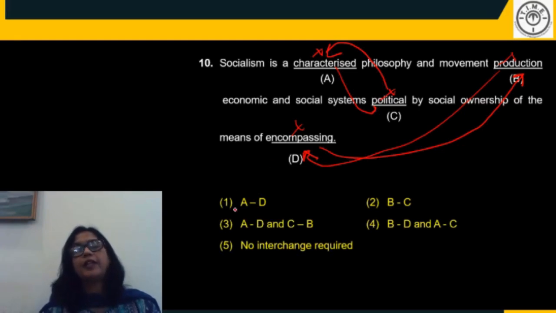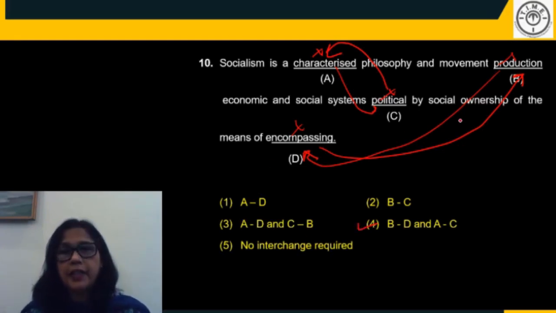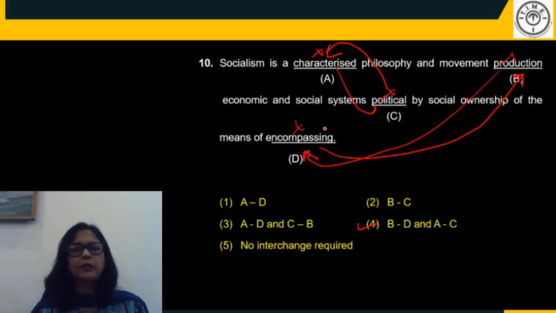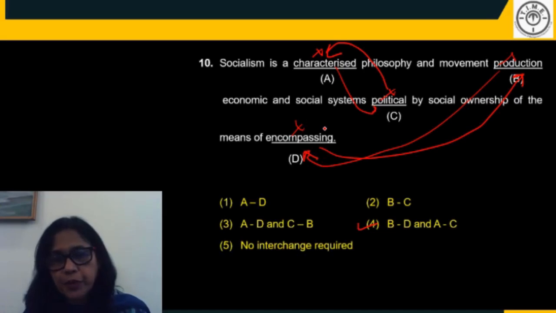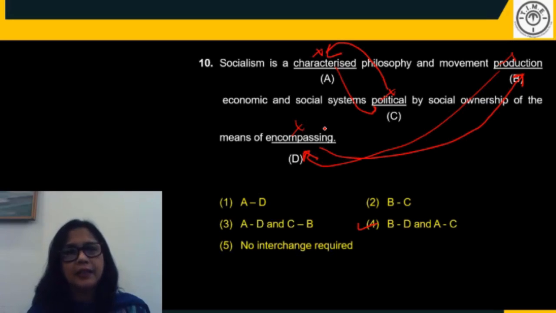So here we have the answer as option 4, A interchange with C and B interchange with D. So that's how you will, you have seen how to go about these questions, taking the help of the options also, making sure that the sentence that you come up with is grammatically correct and logically correct also.